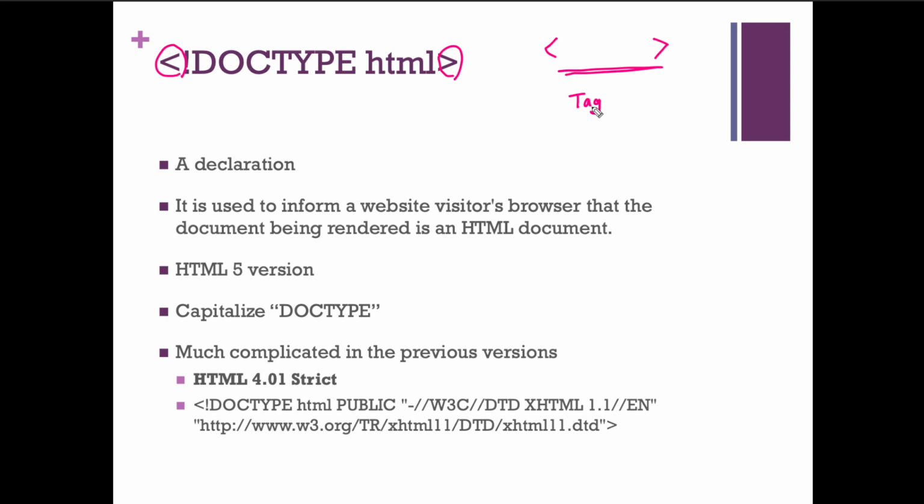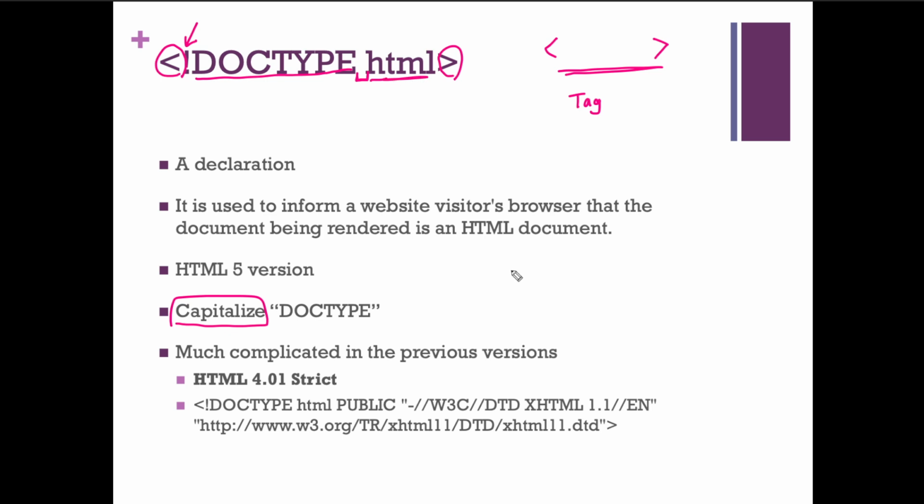In this case, this is a declaration, opening and closing, and for a declaration, don't ask me why, you start with an exclamation mark, and then you have to say DOCTYPE. You always have to capitalize DOCTYPE, and don't forget a space, and then say html in small letters. That's your declaration.